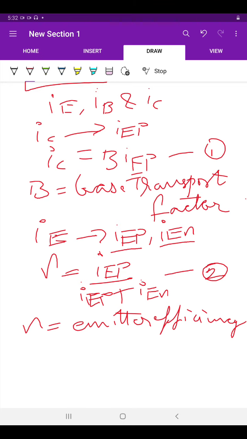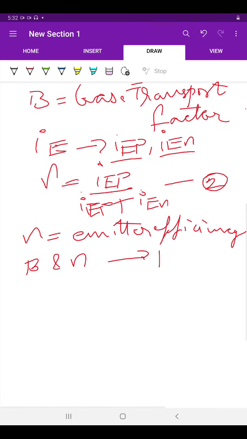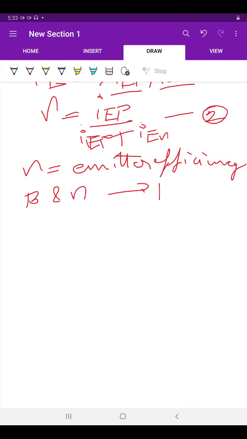Now for an efficient transistor, it is always required that B, which is the base transport factor, and gamma, which is the emitter efficiency, should always be unity. So this is the condition for a transistor to be efficient. So your base transport factor and the emitter efficiency should always be unity.